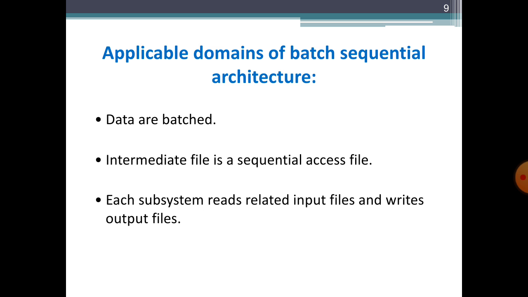It is where all communications between different submodules are conducted through this intermediate file, which can be removed by the successive subsystem. We use this kind of sequential architecture where each subsystem reads a related input file and writes an output file. So these are the different situations where we can utilize this sequential architecture.